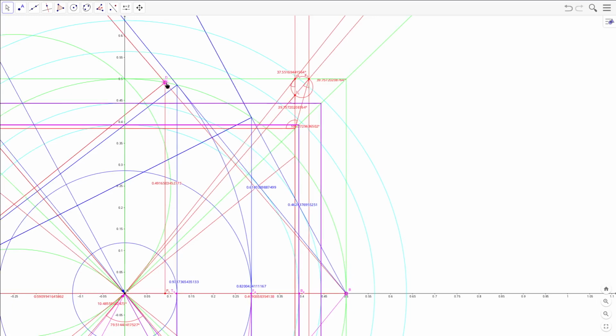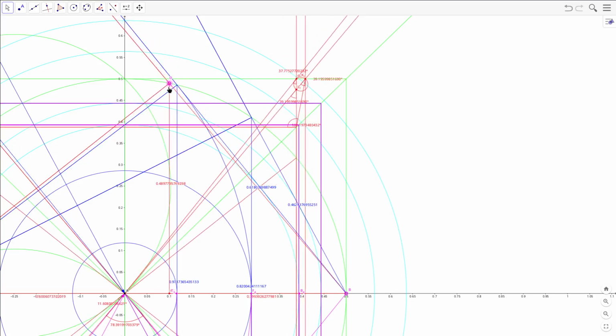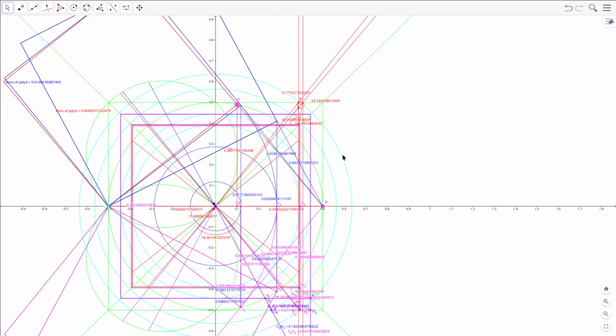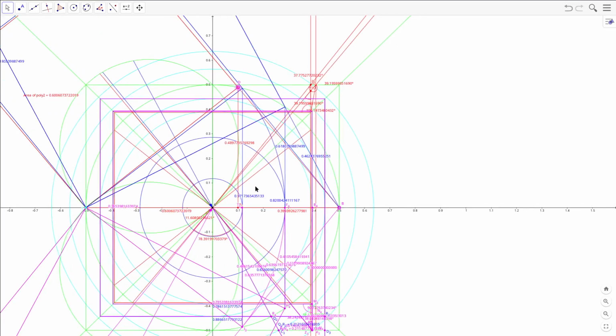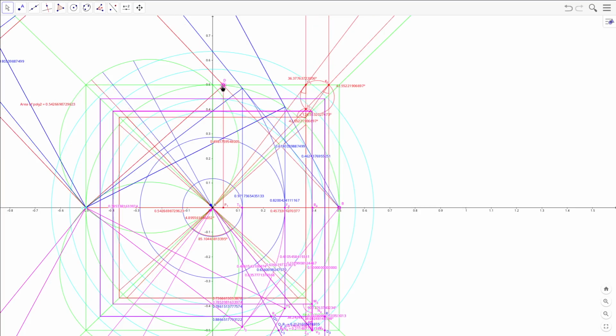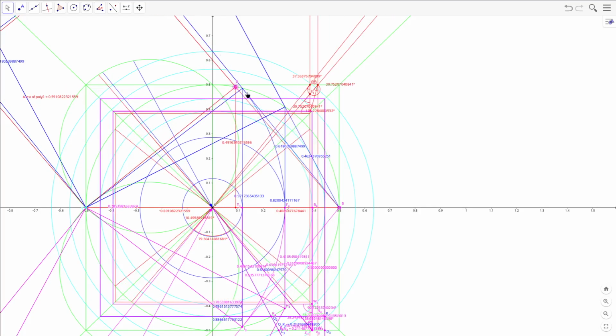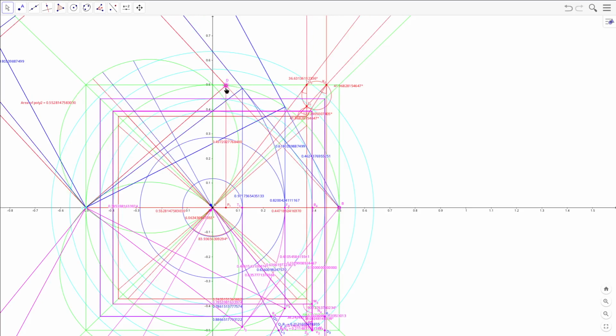So how is this made is, first you use this red square over here to center the square to the diagonals, which dynamically this is how it looks like when I move this.